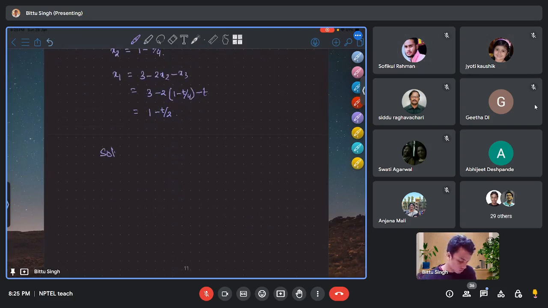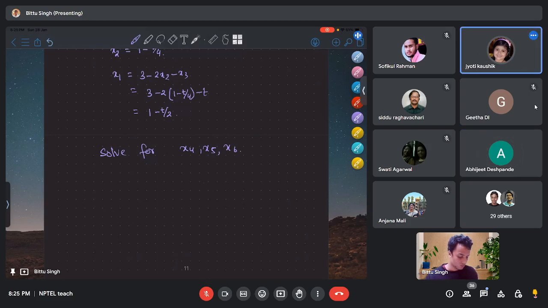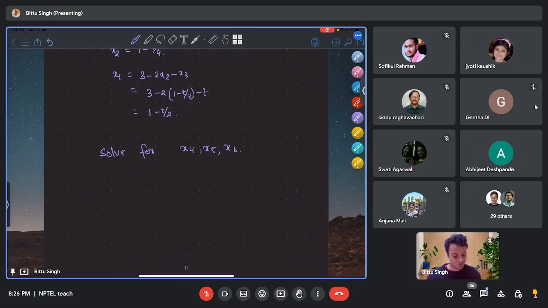Solve for x4, x5, x6 and you will get all the values.